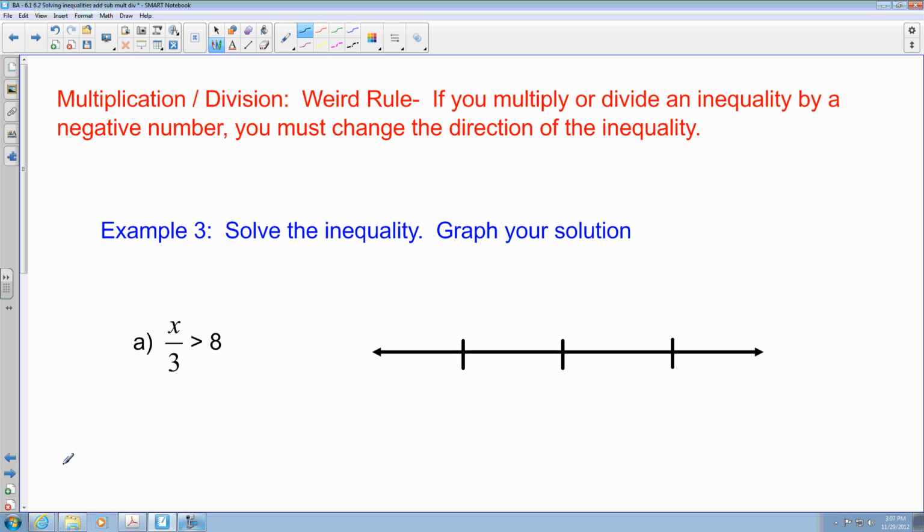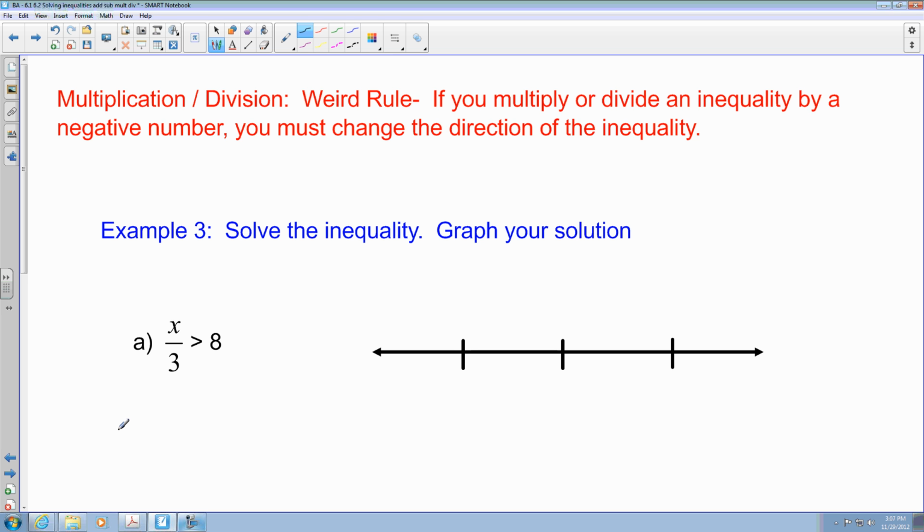It says if you multiply or divide an inequality by a negative number, you must change the direction of the inequality. During the examples, I will show you what that looks like, and hopefully you have a better understanding once we do the examples.